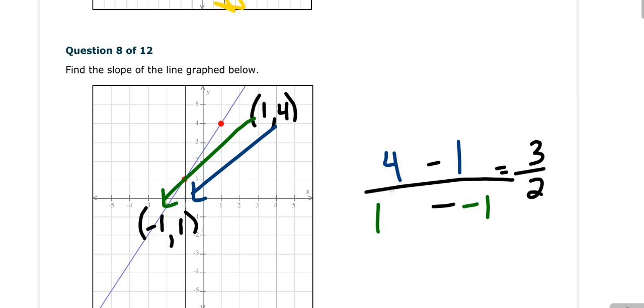And algebraically, we get 3 over 2, or we could simply bunny hop from this point up 3 over 2. It's positive, so 3 over 2.